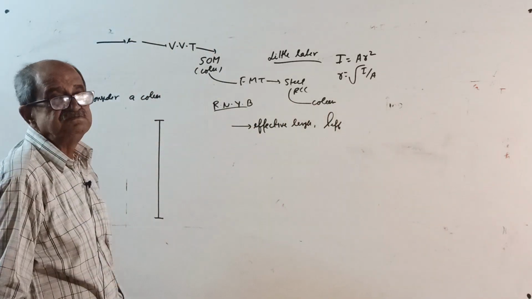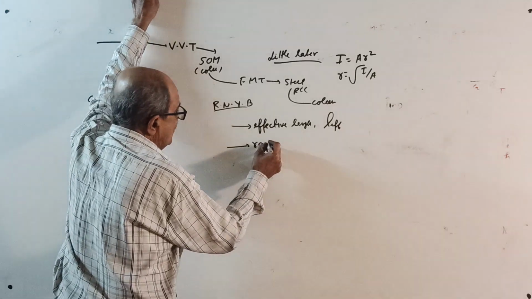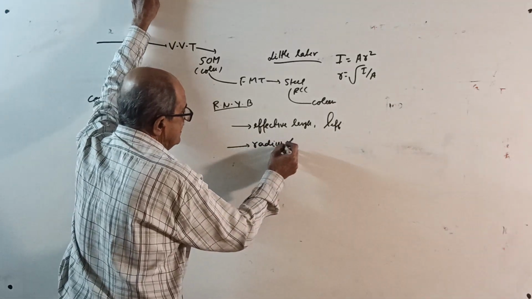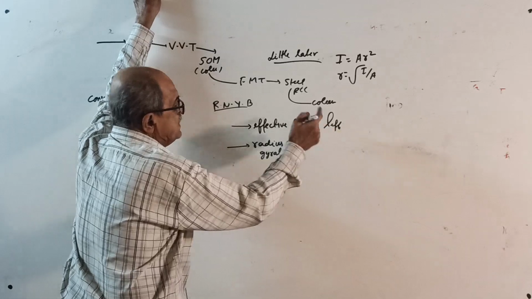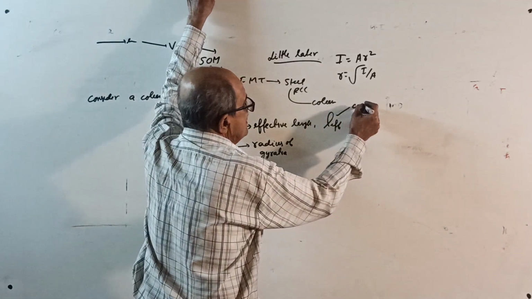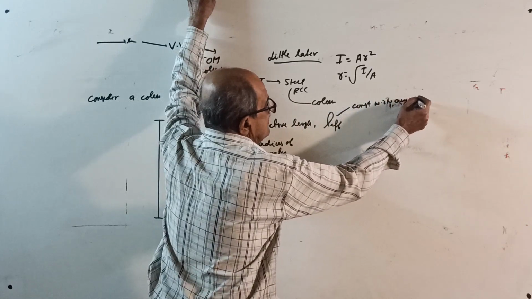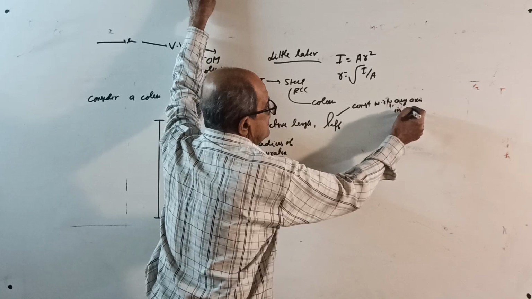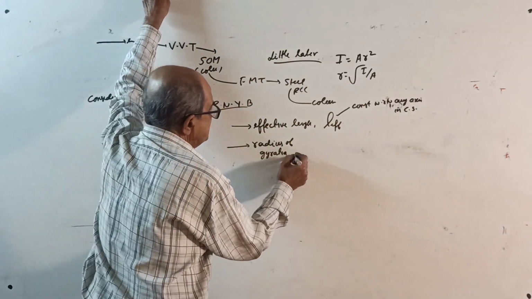And then there is a term called radius of gyration. I am discussing the case when effective length is constant with respect to any axis in the cross section. Don't worry about it. Then radius of gyration is called R.